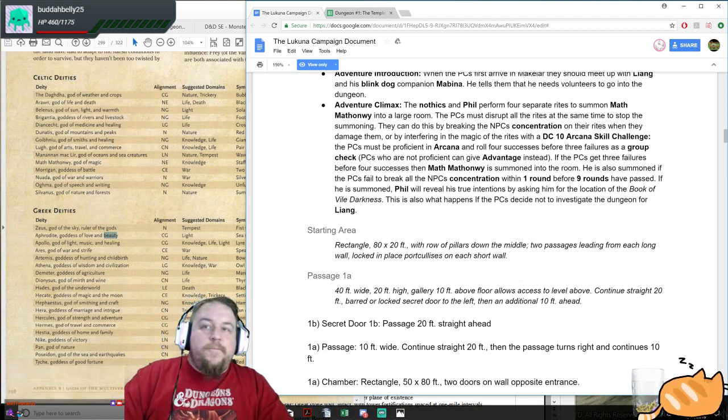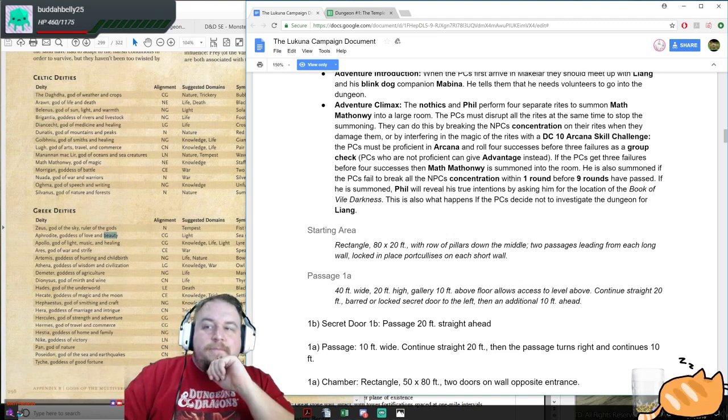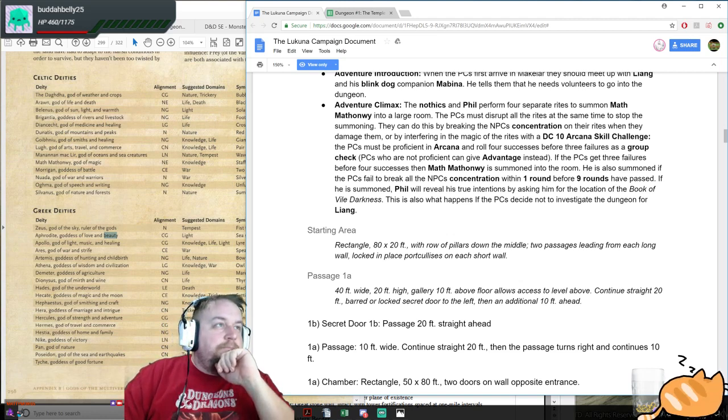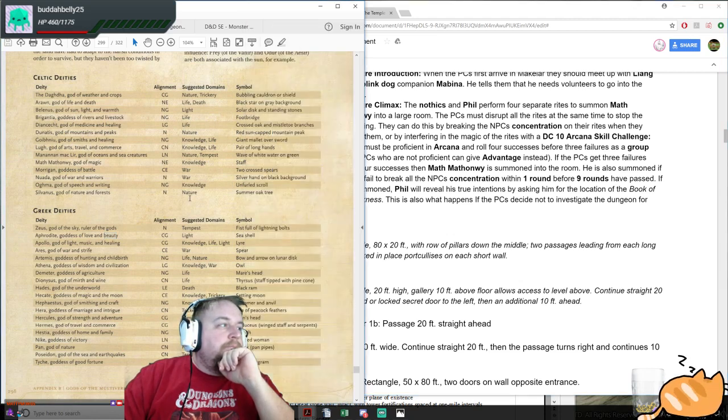I was just going to say that if I had my druthers, nobody in the world knows what alignment is, because they do not read the player's handbook in the game world. So Mathmathanoi is the god of all magic, not just evil magic. He's the god of lawful magic, he's the god of good magic.